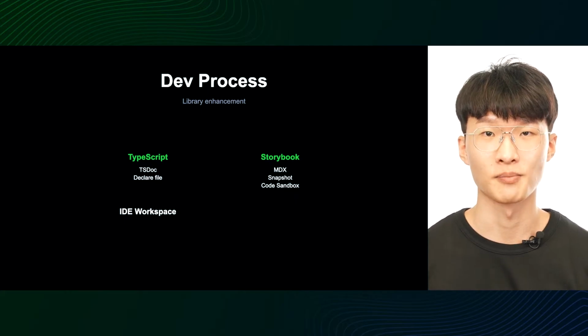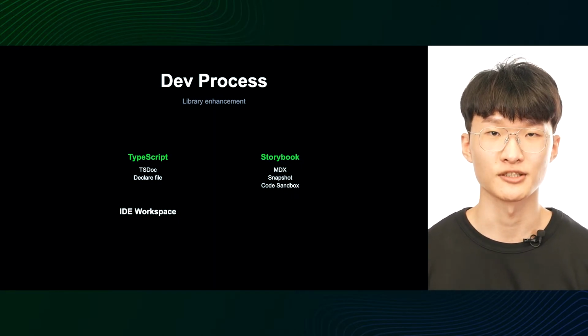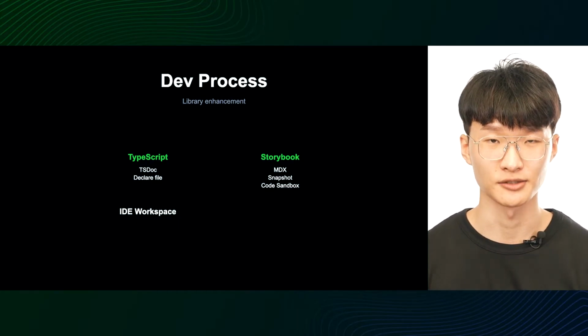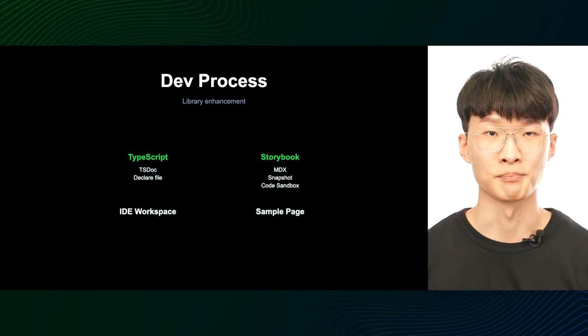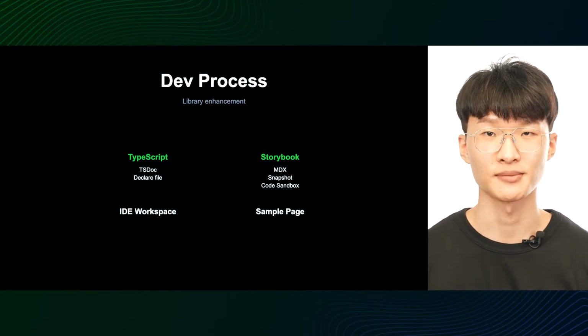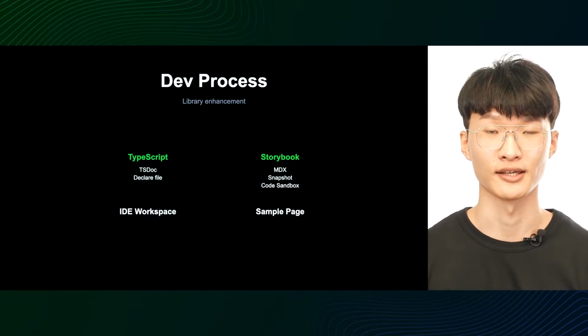TypeScript syncs code and documents using tsdoc and declare files and aims for IntelliSense in the IDE, meaning that it focuses on improving the usability for developers using the service by taking advantage of the benefits of TypeScript and optimization of the IDE, the code workspace. On the other hand, Storybook is provided in a broader sense as a sample page. By using diverse add-ons of Storybook, developer-friendly sample pages can be created easily.